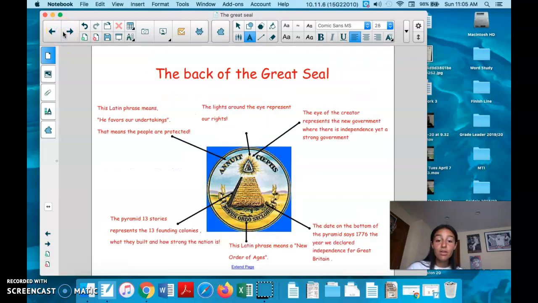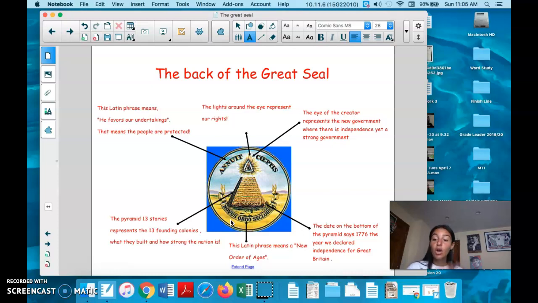Now the back of the Great Seal has a pyramid, and again, all of these things represent other things. Okay, you ready for it? On the bottom of the pyramid, if you see right there, there's a date. The date's in Roman numerals, and it says 1776. That's the year we declared independence from Great Britain. There's a Latin phrase on the bottom of the Great Seal that means a new order of ages.